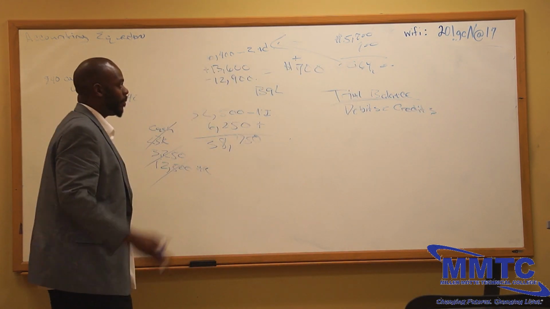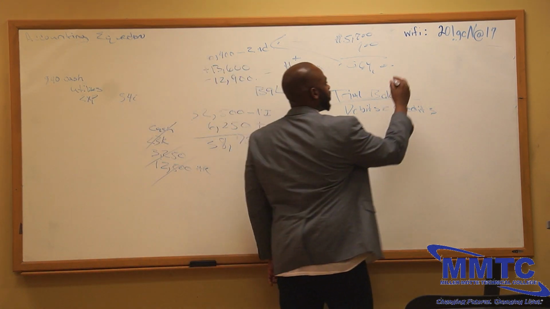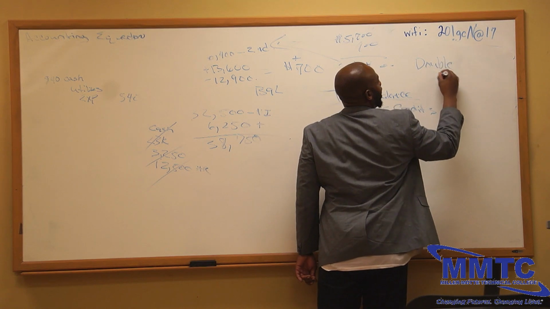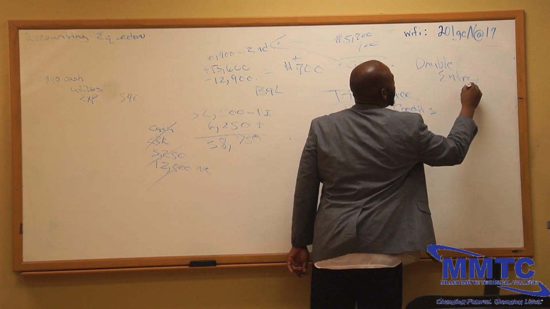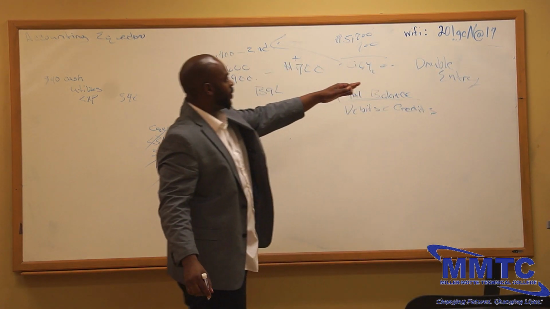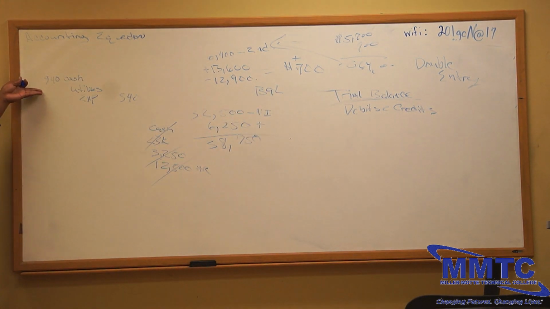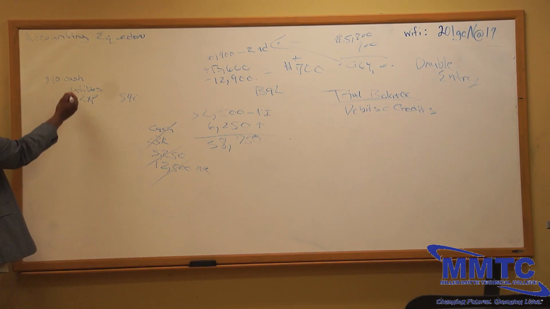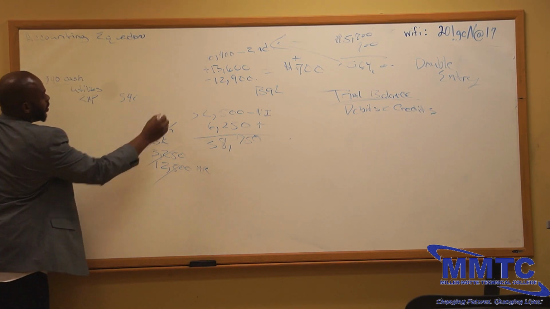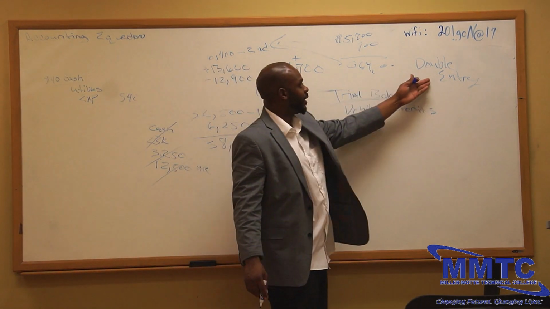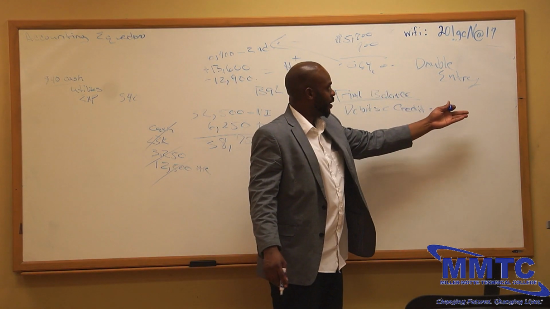Why? Because remember in accounting, we have something called double entry. Anytime you record an accounting transaction, you have to debit something and you have to credit something. That's a principle in accounting, double entry.